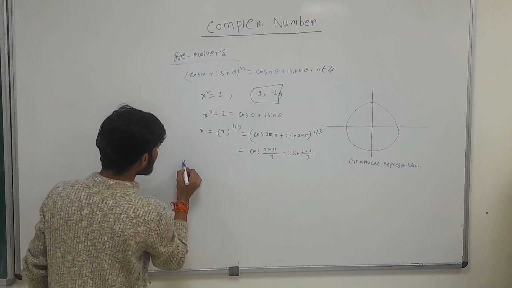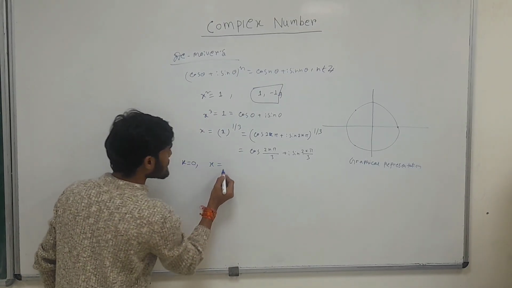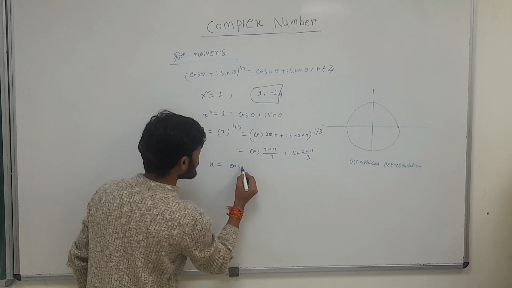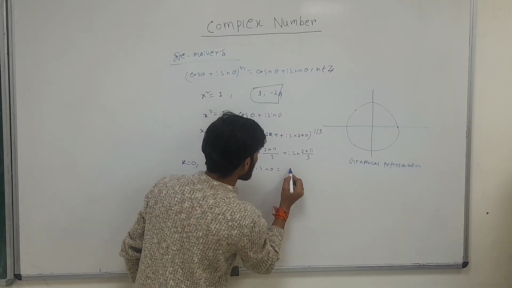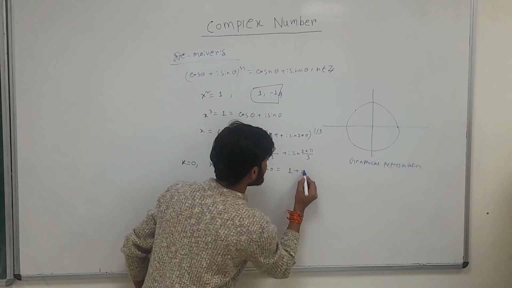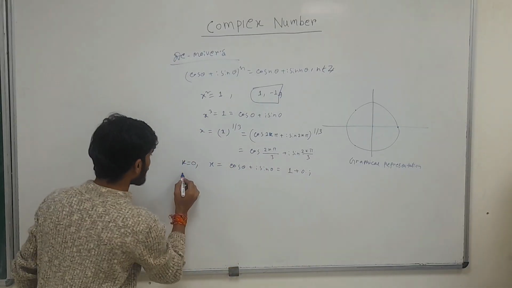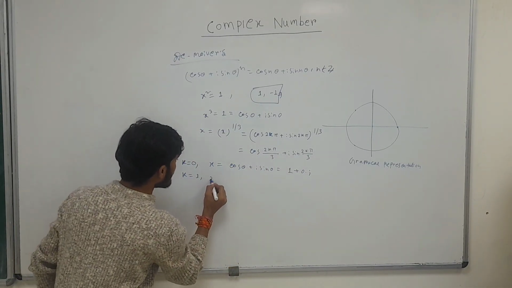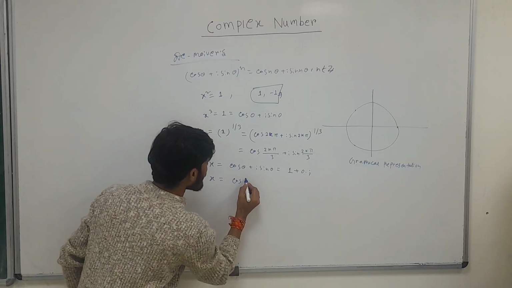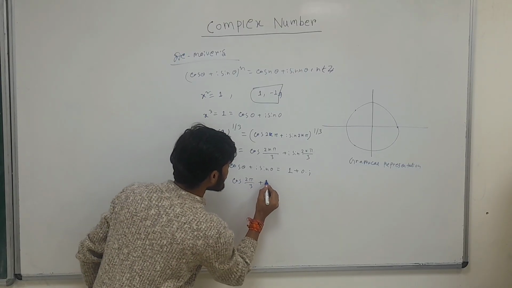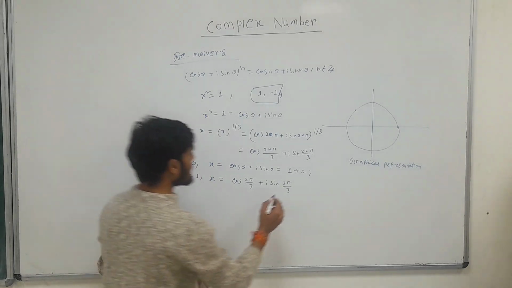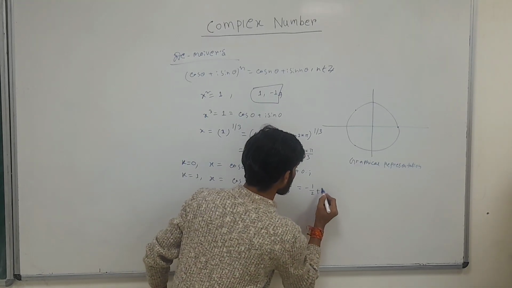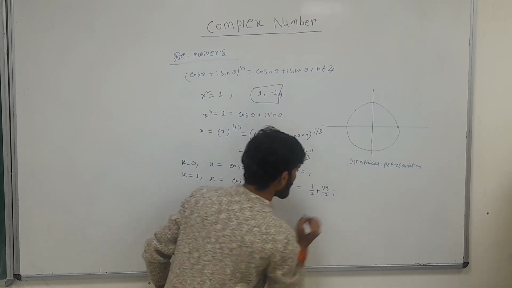And if k is equal to 0, then what will be x? x will be cos of 0 plus iota sin of 0, so it will be 1 plus 0 into iota. And if k is equal to 1, you will get x equal to cos of 2 pi by 3 plus iota sin of 2 pi by 3, and this is minus half plus root 3 by 2 into iota.